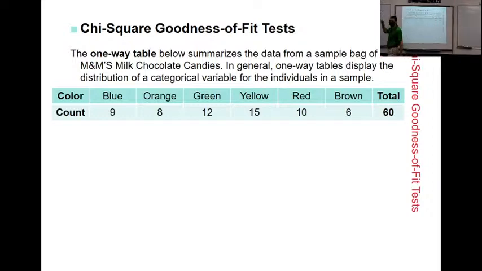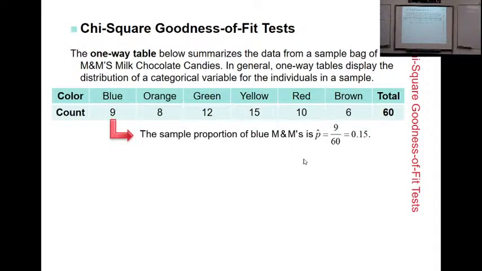And what we're going to do is we're going to do hypothesis tests with these categorical variables. Now, if we were to do this with quantitative variables, to test this claim about the color distribution we could start with blue and let P equal the proportion of blues.